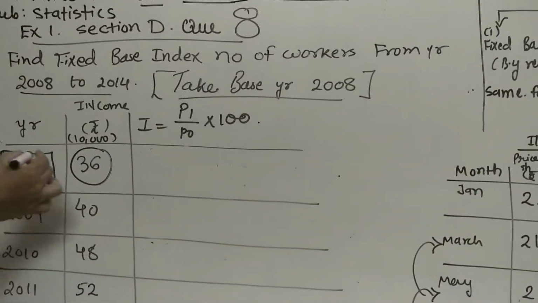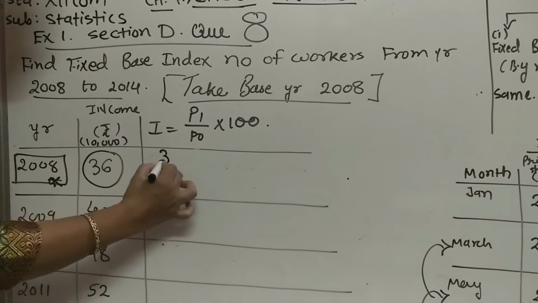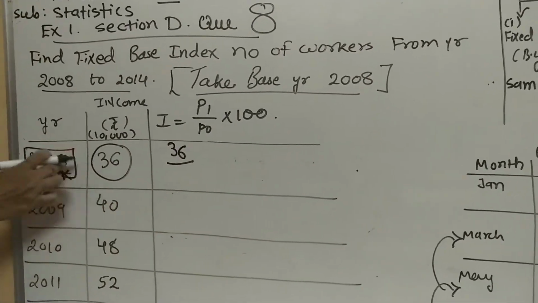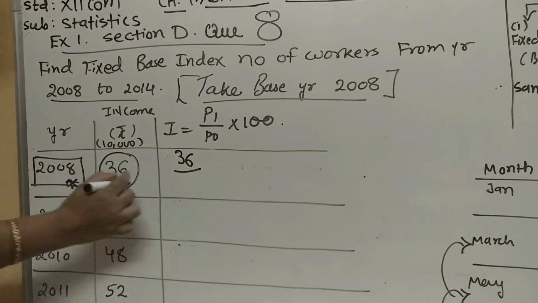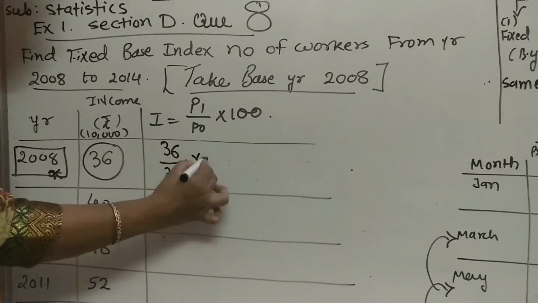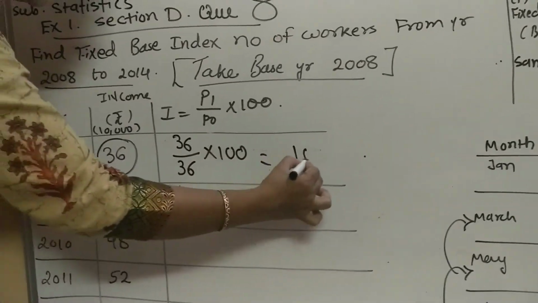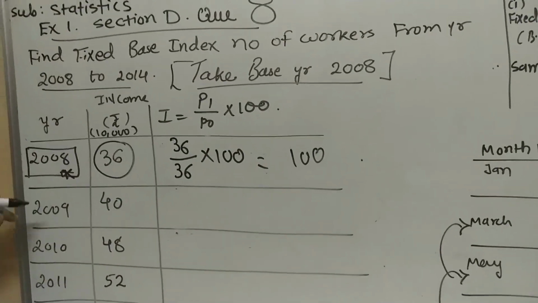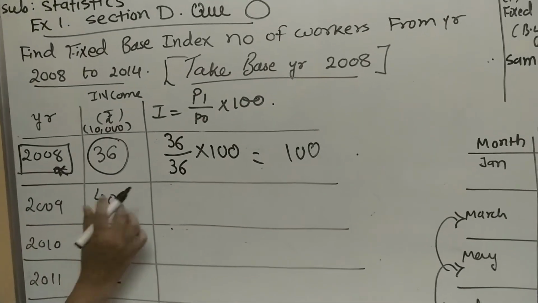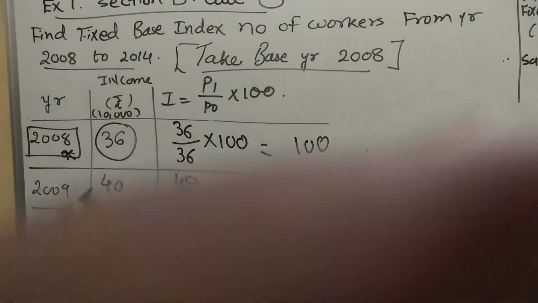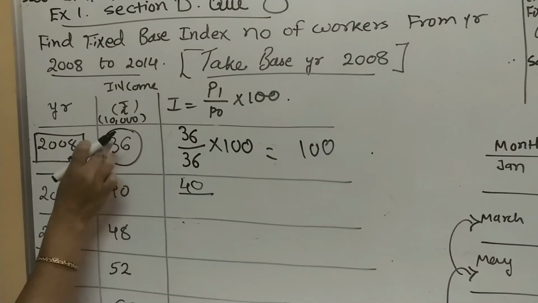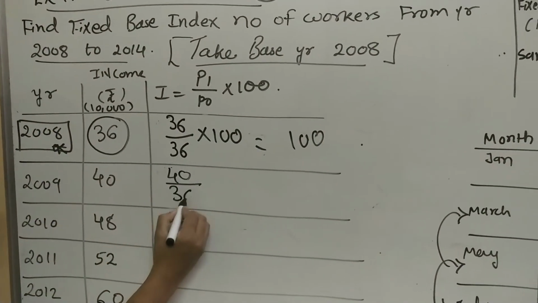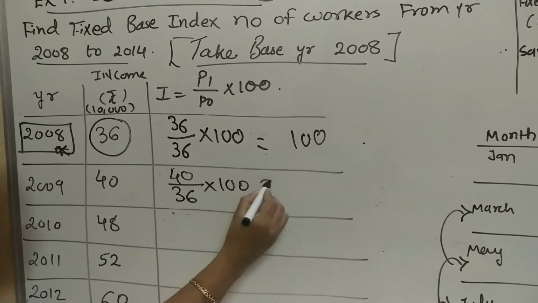Let's solve it. 36 is the current year price in the year 2008. Base year price is the same, 36, into 100. Answer will be 100. Now in the year 2009, 40 upon base year price, the circle shows the same price I have to take every time, 36, into 100.